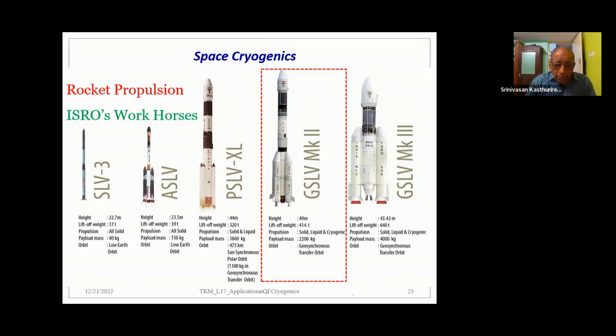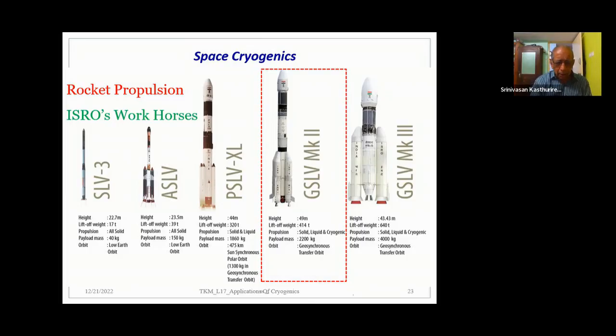Now, the next type of system which ISRO has been able to make is the PSLV, the Polar Satellite Launch Vehicle. There you can see the height is also increasing, and the PSLV can have a payload mass of 1,800 kgs.